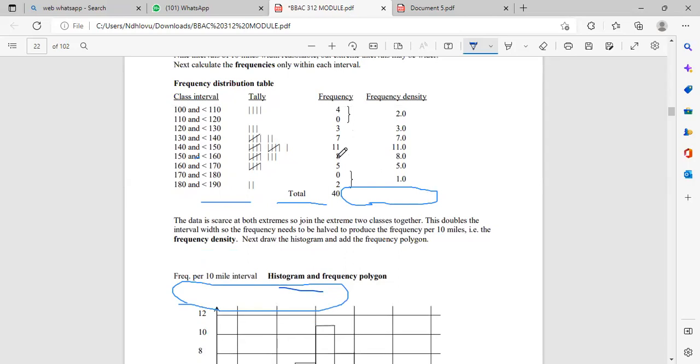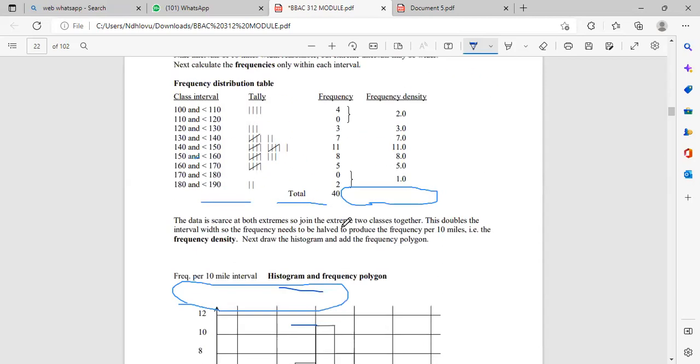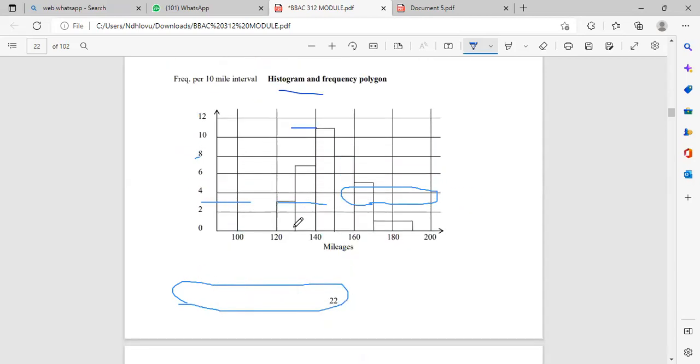Then the other one is 140 and 150. Here it is 11, so 11 is on this point. Then we get to the other one, 100 and less than 110, it was supposed to be 4.